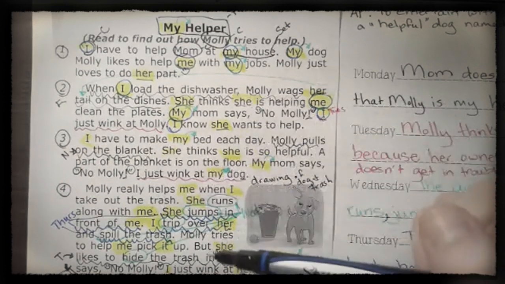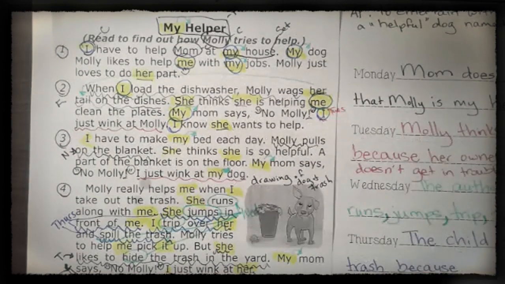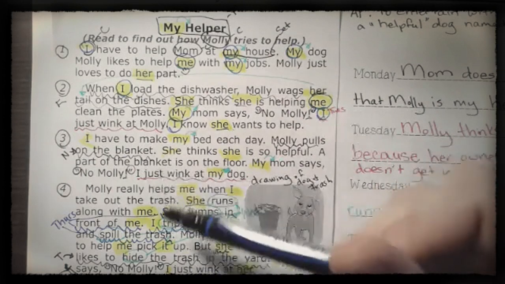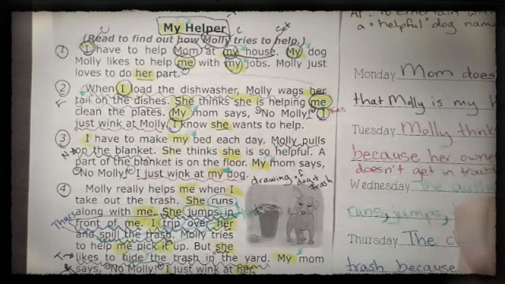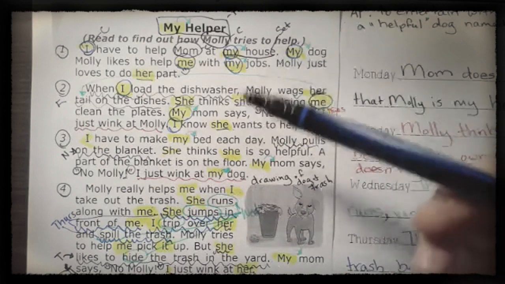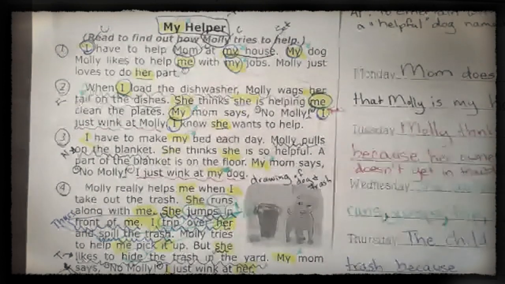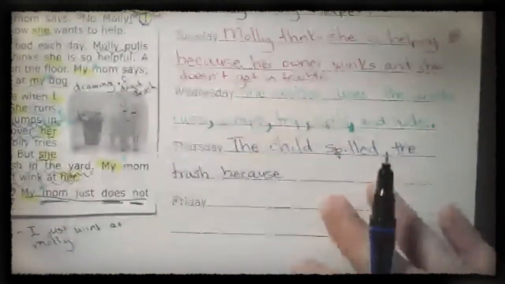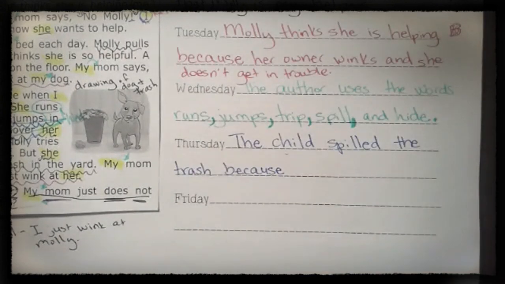Now you can say that the child spilled the trash because the dog jumped in front of her, or because she tripped over her. I'm going to say, so pause, write what you think, and then I'll tell you what I think.